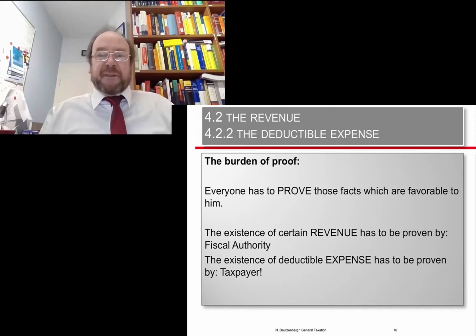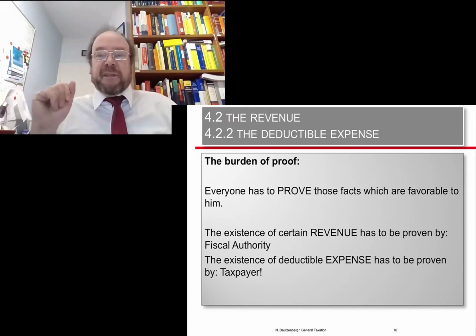So, for example, if you declare that you had revenue of 10,000 and the fiscal administration says, well, we believe you had revenue of 15,000, that is a statement which would be in favor of the fiscal administration, so they have to prove it. On the other hand, if you bring forward you had expense of 3,000, you have to prove you had expense of 3,000.